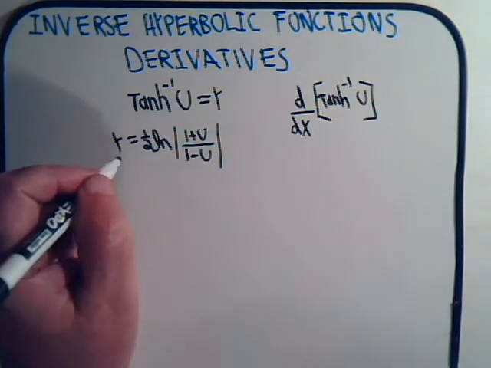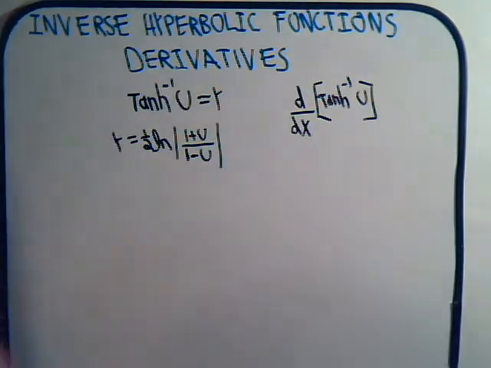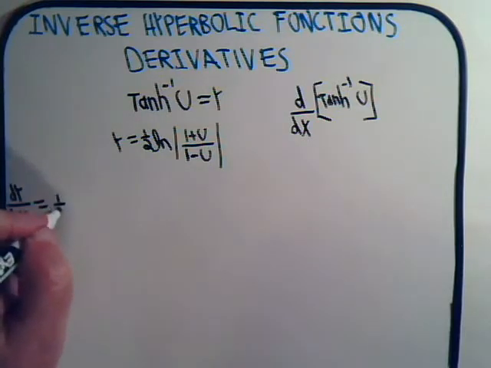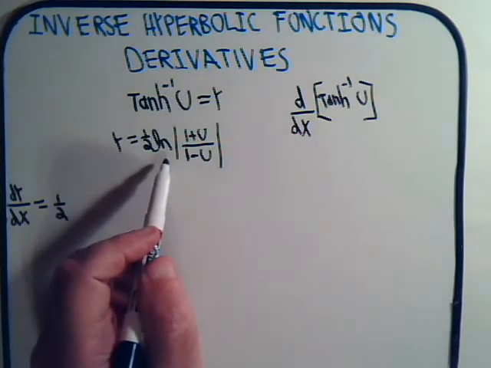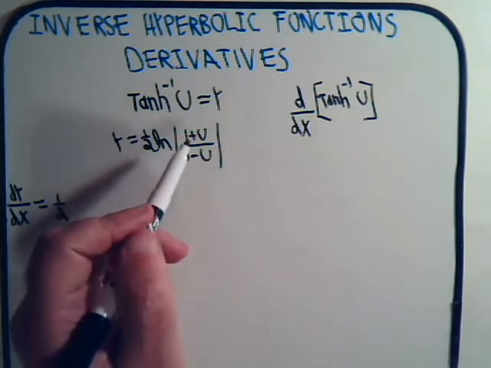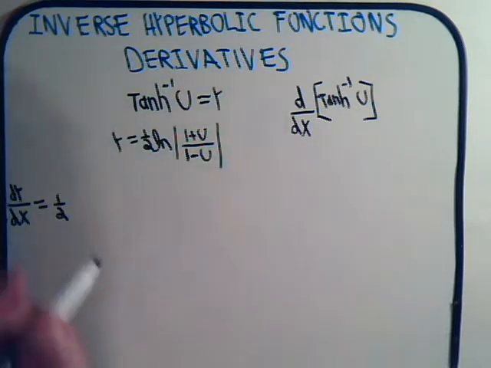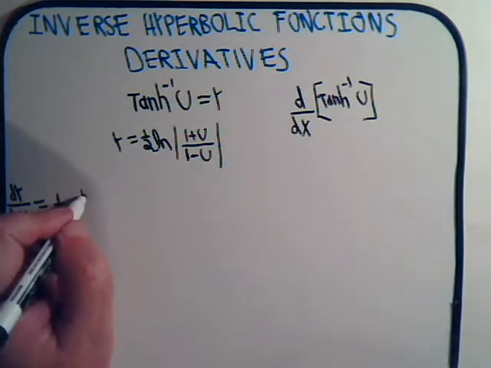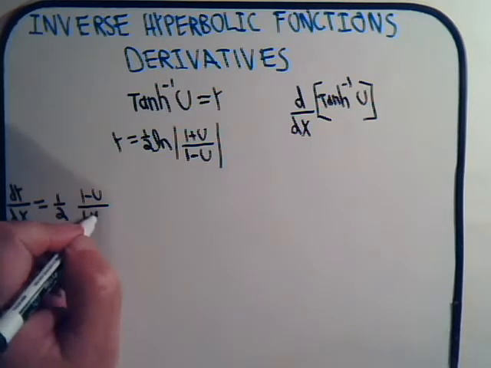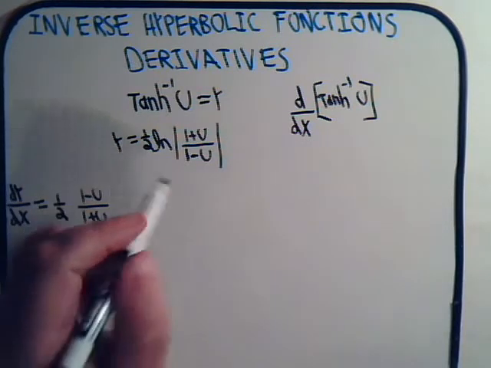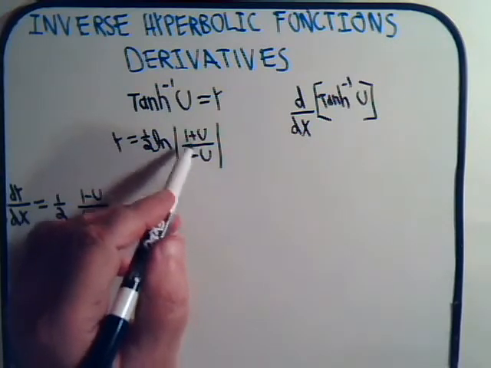y equals this, so dy/dx will equal 1/2 times 1 over, of course, the argument of the logarithm. So we're going to be taking the reciprocal of this expression. So we will have (1 minus u) divided by (1 plus u), and then we multiply by the derivative of this.